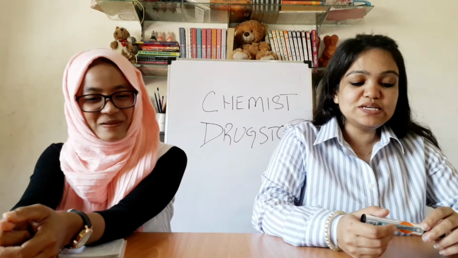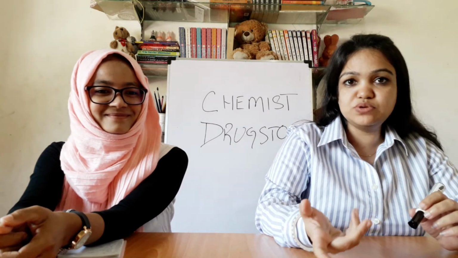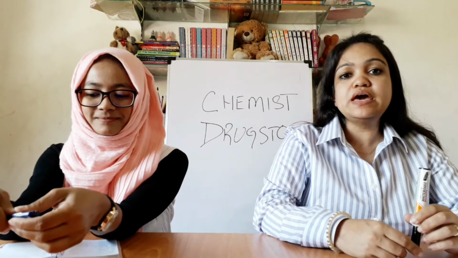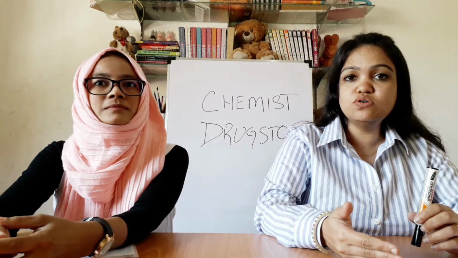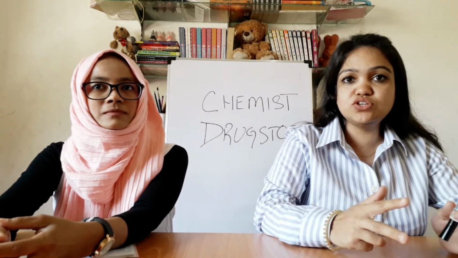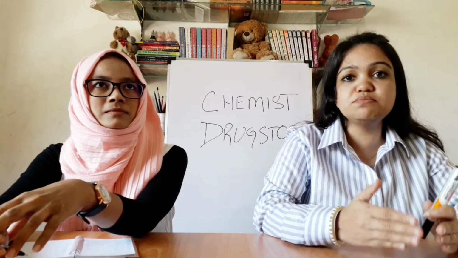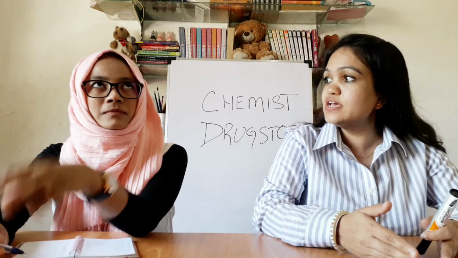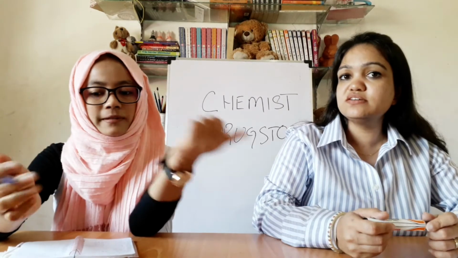Chemist is generally the word used for shops that provide medicines, and it is the same word as drugstore. It's just that the usage in both the English varieties is different. So chemist is in British English, whereas drugstore is in American. Shall we give example sentences so it's easier for them? Correct.